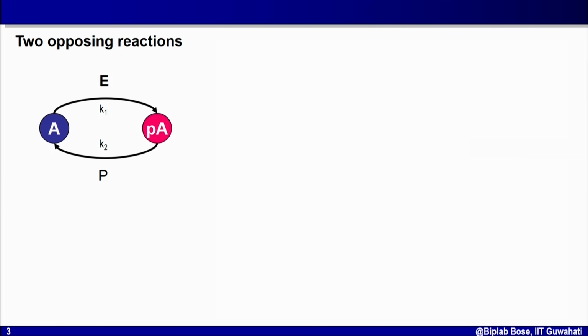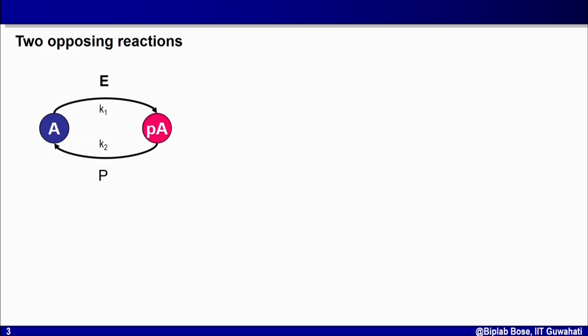Now let us take this formulation to a reversible reaction. Reversible enzymatic reactions are very common, as we have discussed earlier in biology. For example, A may be a substrate which gets phosphorylated to phospho A. So A may be a protein and its tyrosine residue may be getting phosphorylated by an enzyme E to give rise to PA, phosphorylated A. And the rate constant associated with this process I have considered as K1.